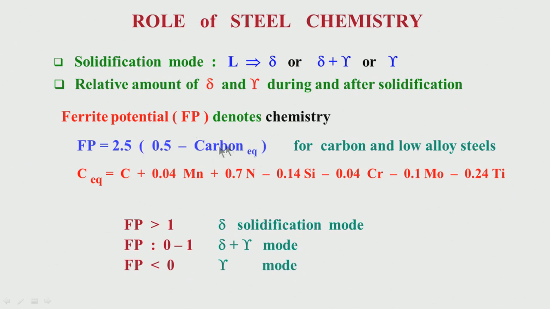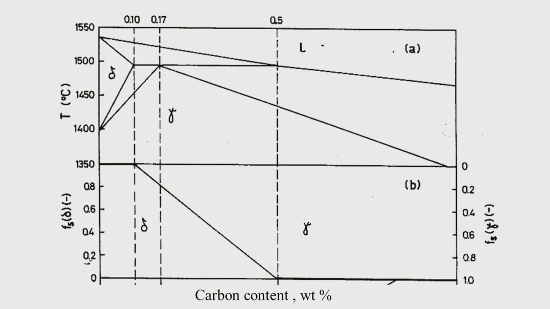So, you just put any carbon equivalent, say 0.1, then what is going to happen? 0.5 minus 0.1 means 0.4 into 2.5 is basically 0. That means, as I was telling you, look at this figure, when you have 0.1% carbon, the ferrite factor is basically 1, not 0.